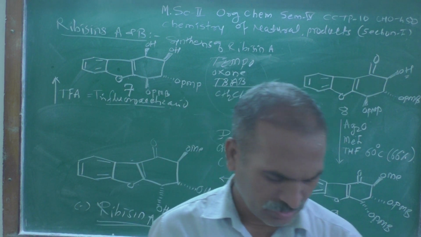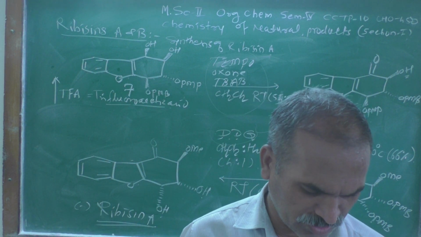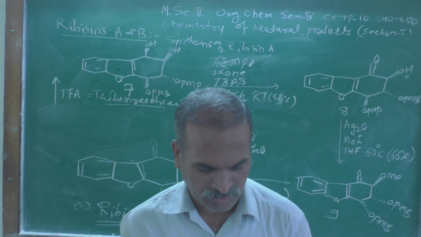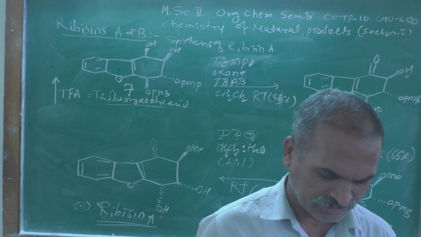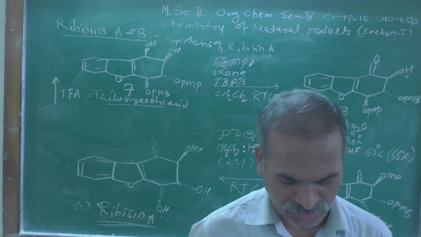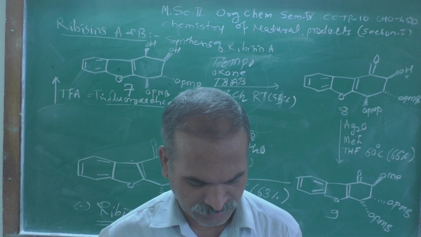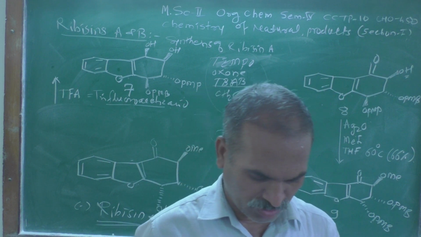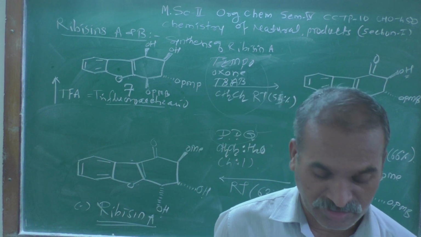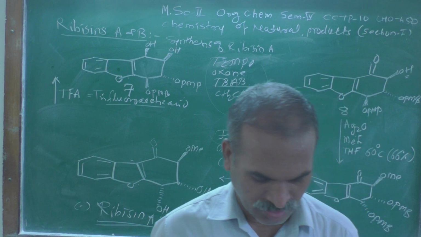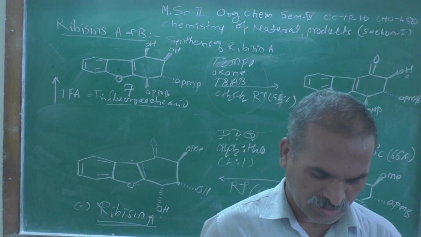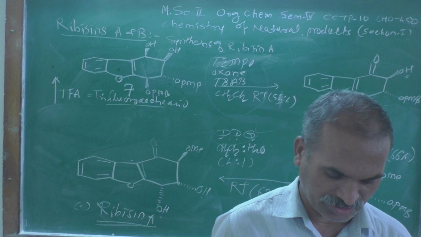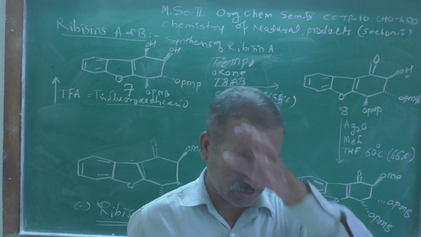So DDQ, this oxidant, is useful for the dehydrogenation of alcohol, phenol and steroid ketones in organic chemistry. It decomposes in water, but it is stable in aqueous mineral acids, and it is also used for oxidative coupling and cyclization.